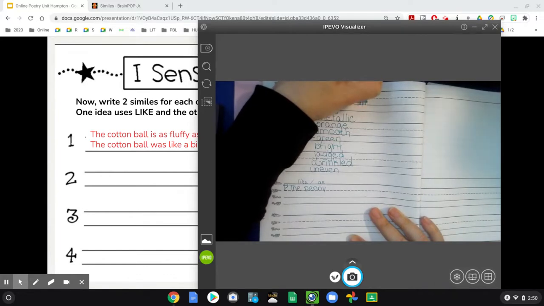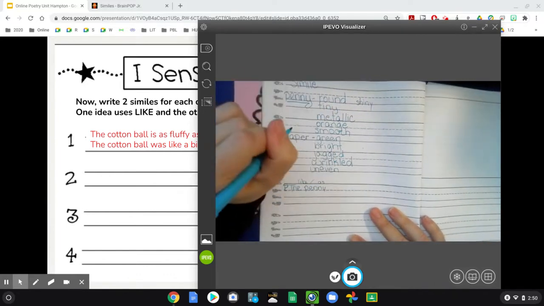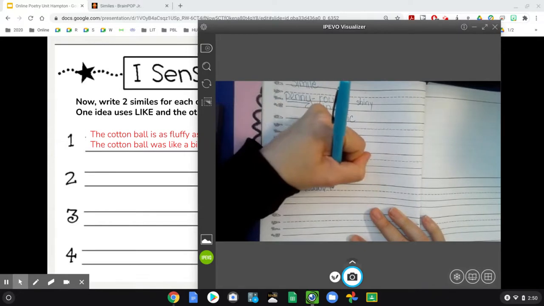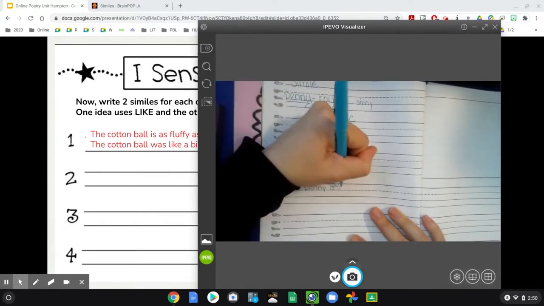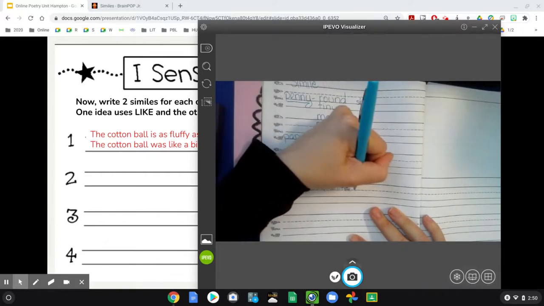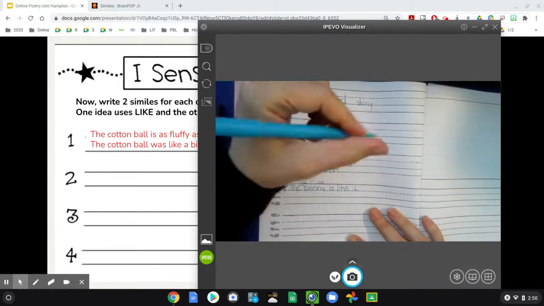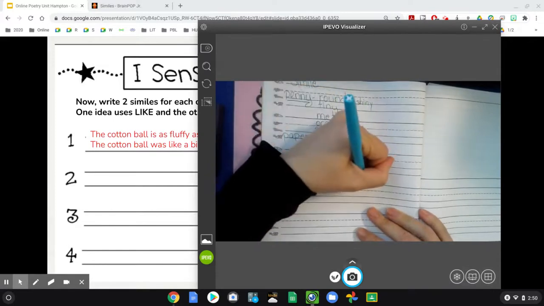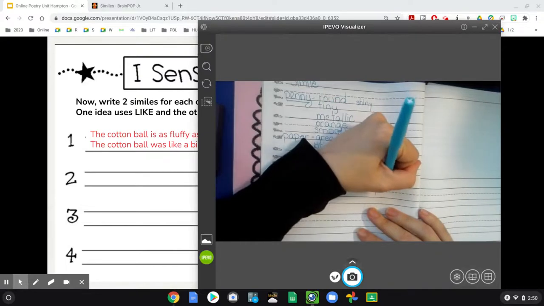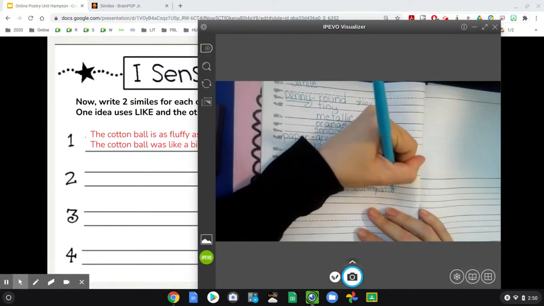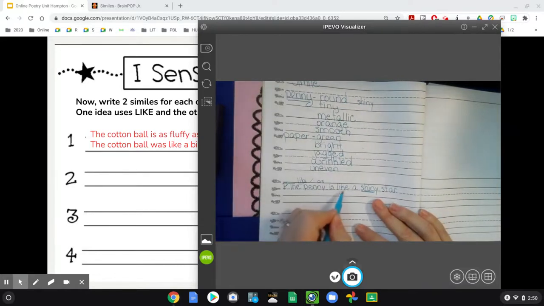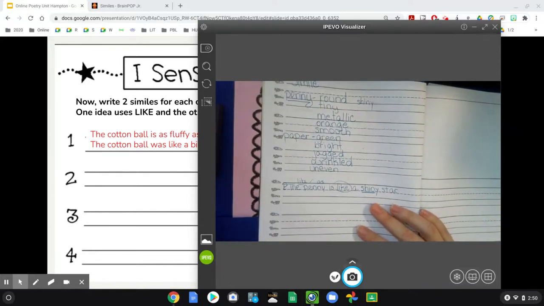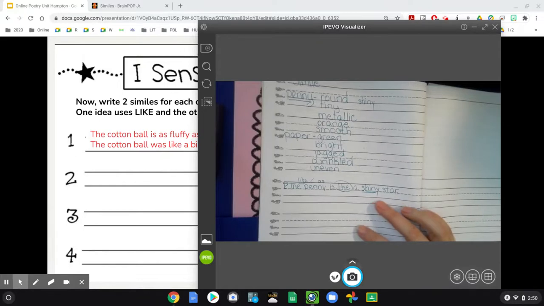Okay, the penny is like a shiny star. Okay, so what I did was I used that word to describe, and then I used the word like to paint a picture. So the penny is like a shiny star.